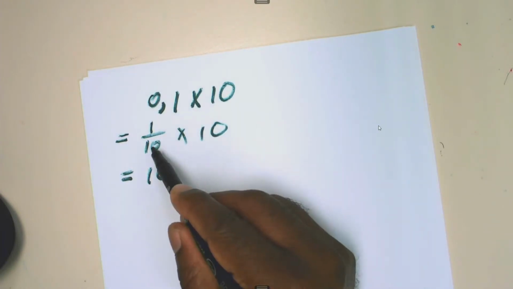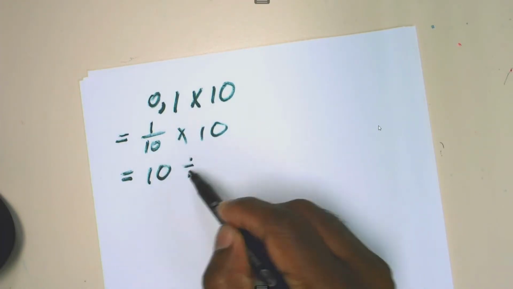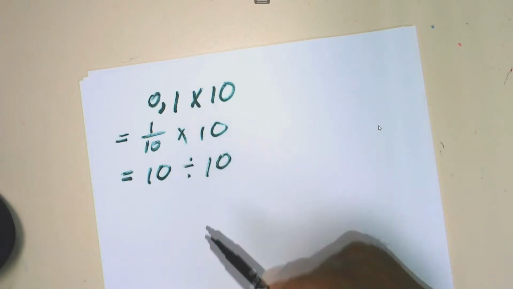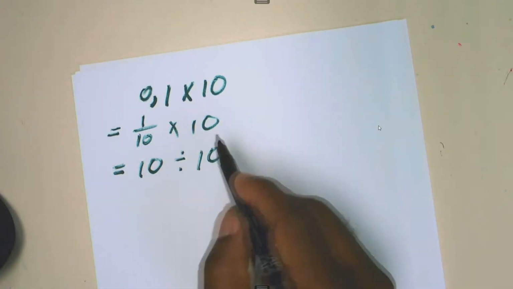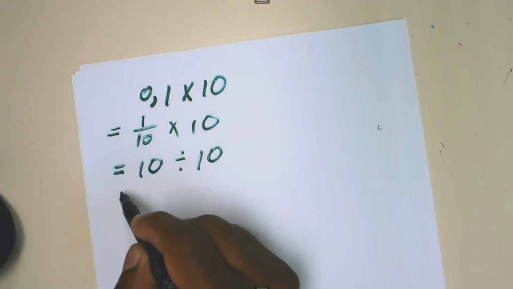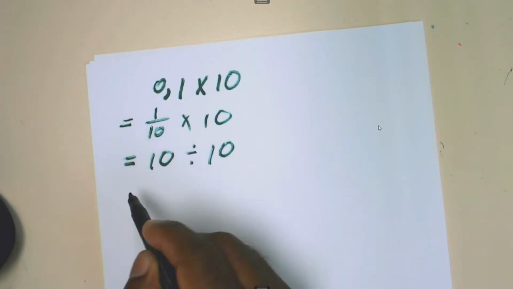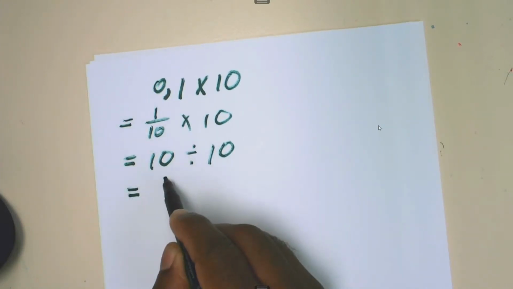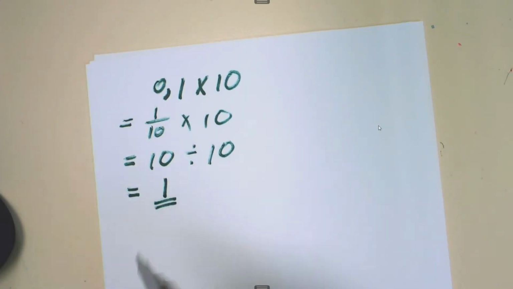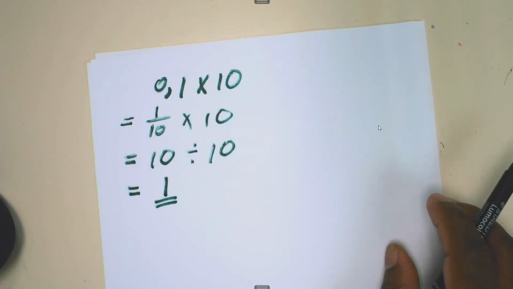And then we have this division by 10. Hence, we are getting 10 divided by 10. It will give us 1. This is what we are having.